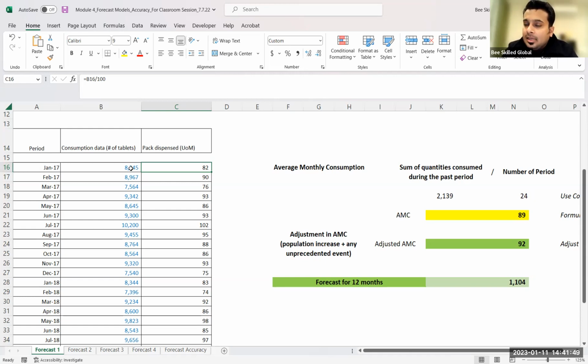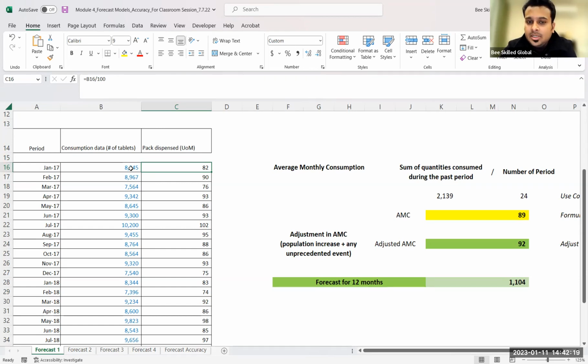There are several places where instead of consumption data, people use distribution data or issues data. Let's say there is a store, a warehouse, and that warehouse has issued 100 packs of ciprofloxacin to the service delivery points, let's say 10 service delivery points.